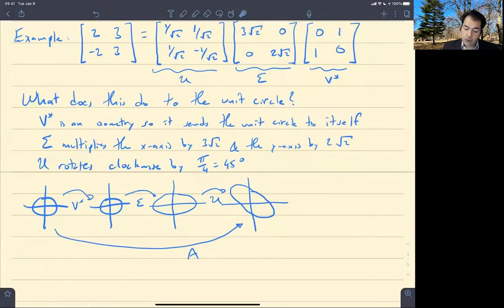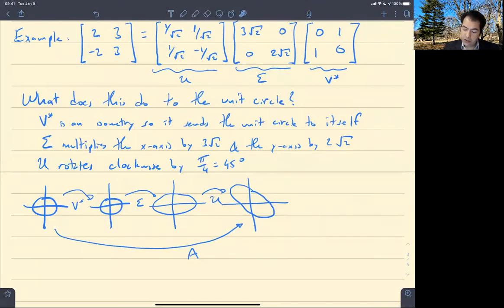And if you were working more generally with any matrix A and its singular value decomposition, then it's still true that V star and U are going to be isometries, so they're going to be preserving length. So you can think of them as some sort of rotation, maybe reflection, but think of them as some sort of rotation.